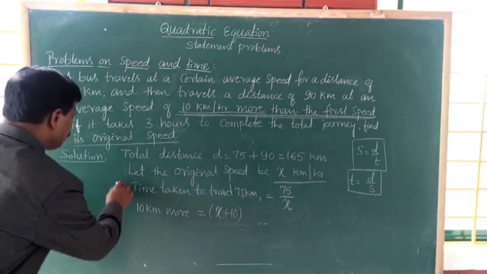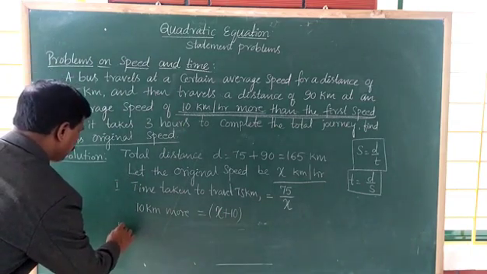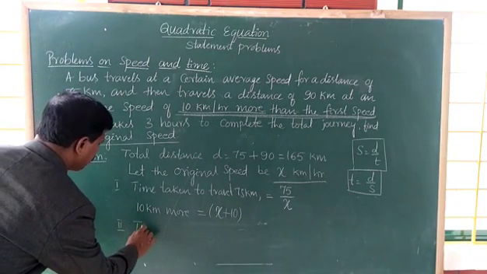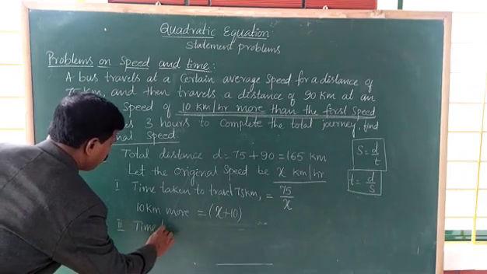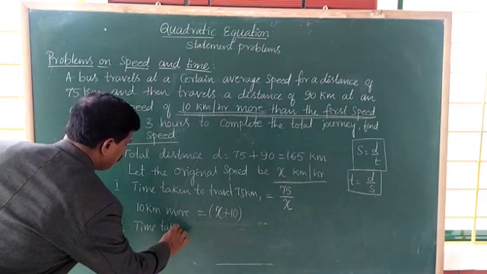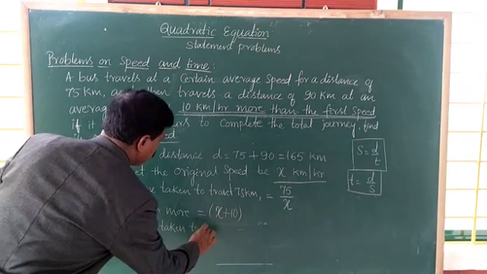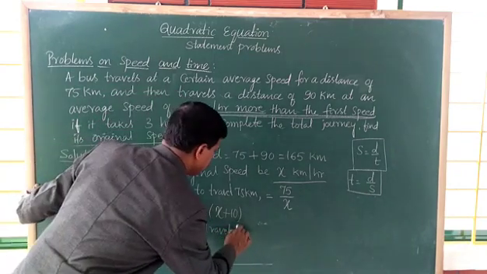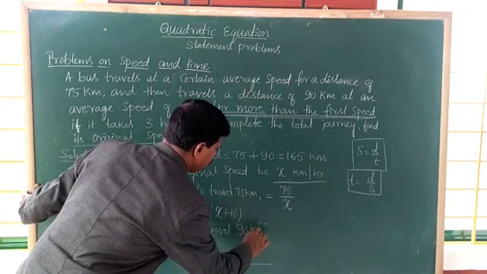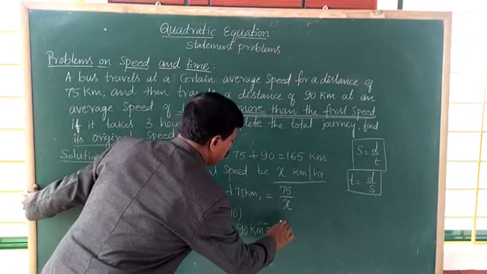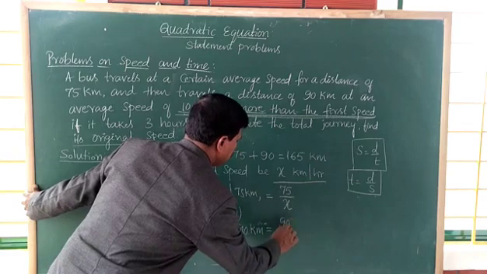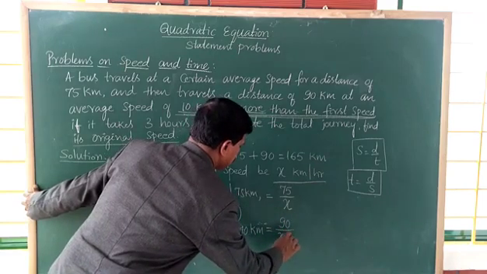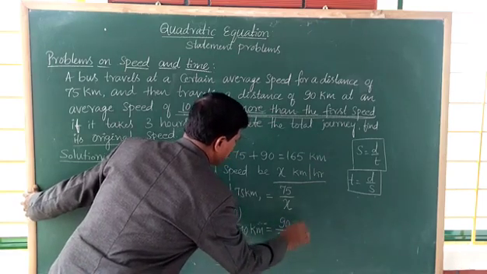Then the time taken to travel 90 kilometers is equal to 90 by x plus 10.